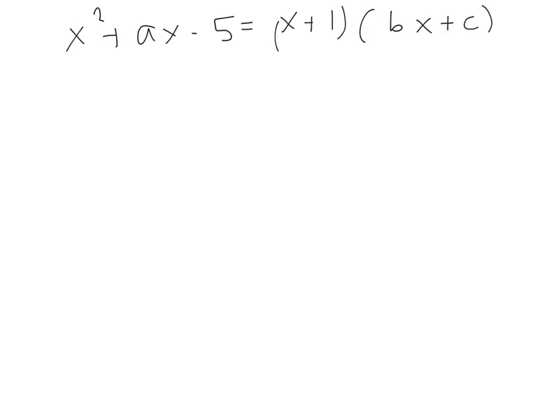Another question was from the 2002 university entrance exam, and was as follows: x squared plus ax minus 5 equals x plus 1 times bx plus c for every real number of x.